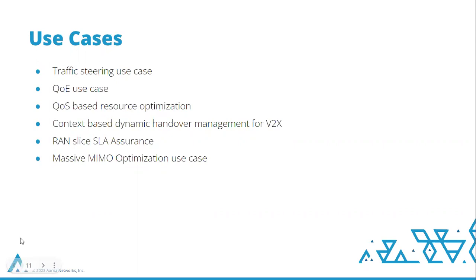And the other one is the MIMO optimization use case. In order to optimize MIMO, currently the only way is beamforming. Even with beamforming, there are certain challenges, like cell interference and the signals from neighboring cells.